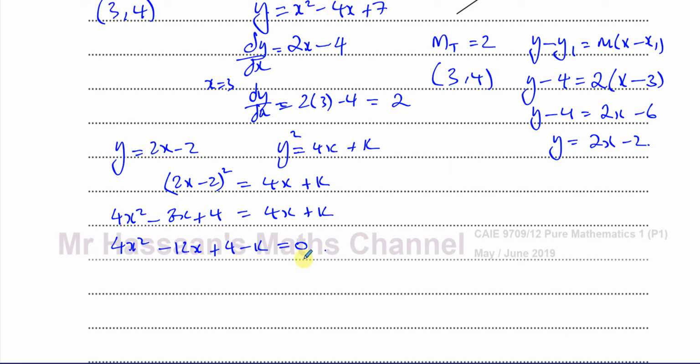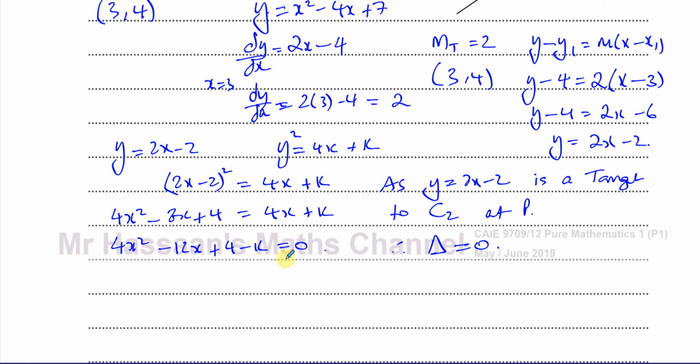So what we can understand is, as we're told, y equals 2x minus 2 is a tangent to the curve at P, therefore the discriminant has to be equal to 0.